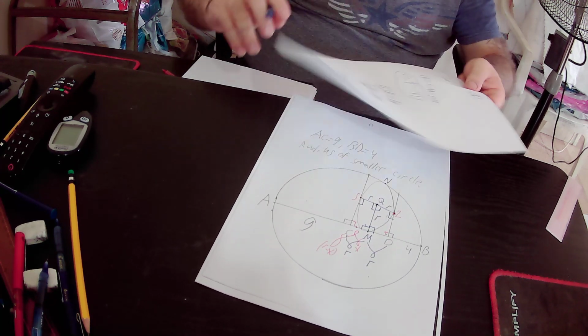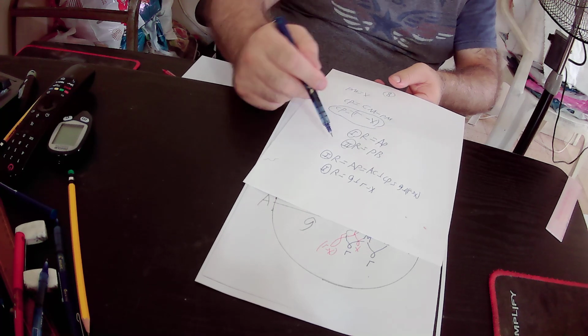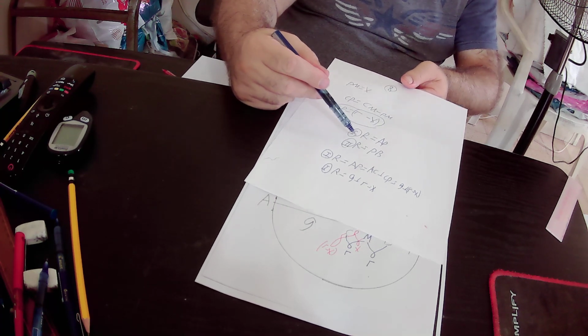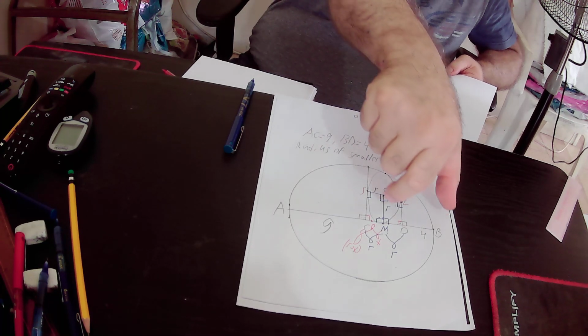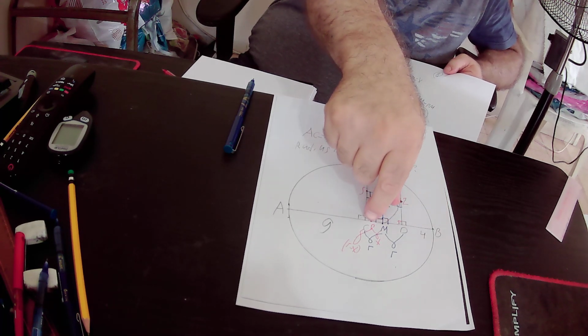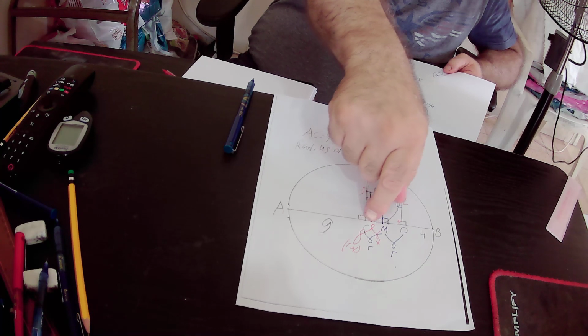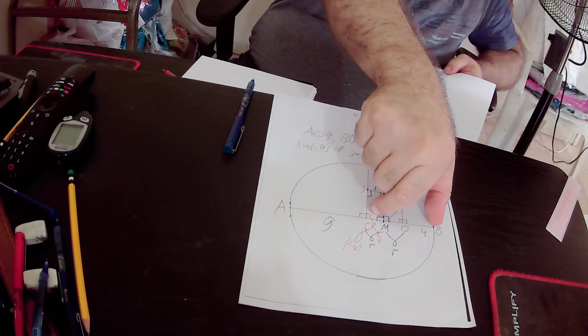But we also know that according to equation number 2, the radius of the big circle, capital R, equals BP. P is the center of the big circle, so BP is actually the radius of the big circle.